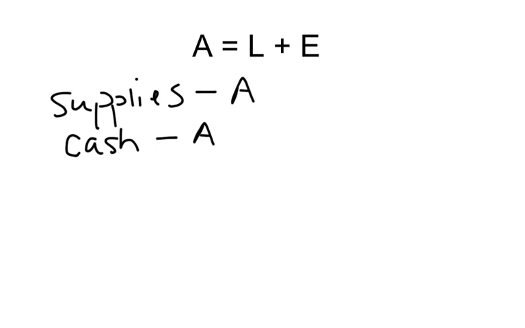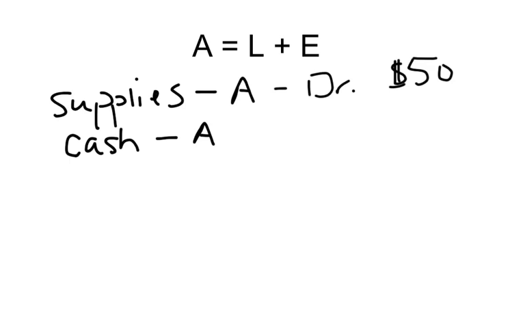So if we increase an asset, do we debit it or credit it? Think back to those rules of accounting that we talked about. To increase an asset, we should debit. And I didn't mention this before. The abbreviation for debit is DR, and the abbreviation for credit is CR. Alright, so that's what that is, a DR. So we would debit the supplies account, and I think we used $50 before, so I'll use that again.